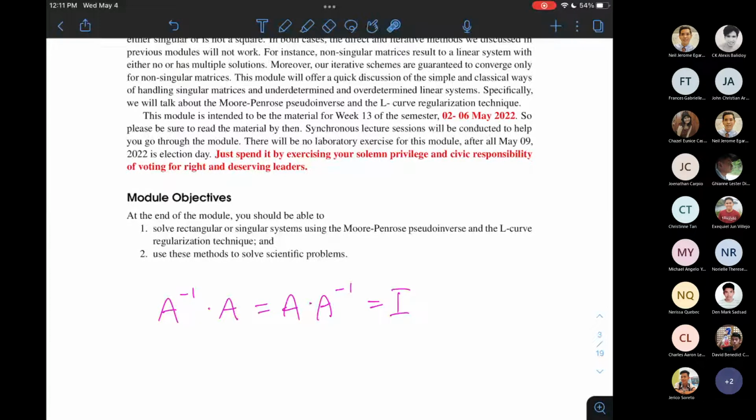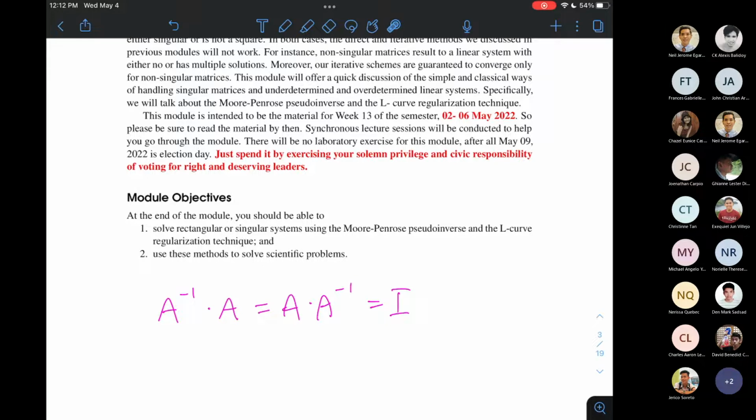Now, apparently, it does. It is very relevant, especially for applications. Kasi sa applications, maraming mga natural and physical phenomena meron mga models na na-reduce into a rectangular system of equations. Either it is an overdetermined or an underdetermined system, which I will flash later kung ano yung ibig sabihin ng mga systems na to.